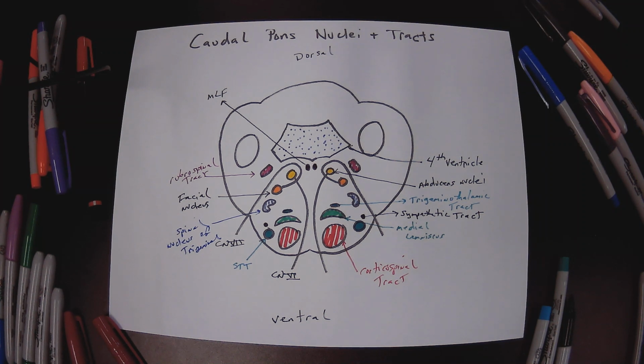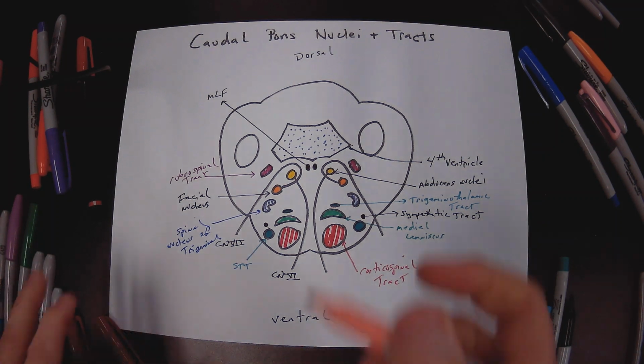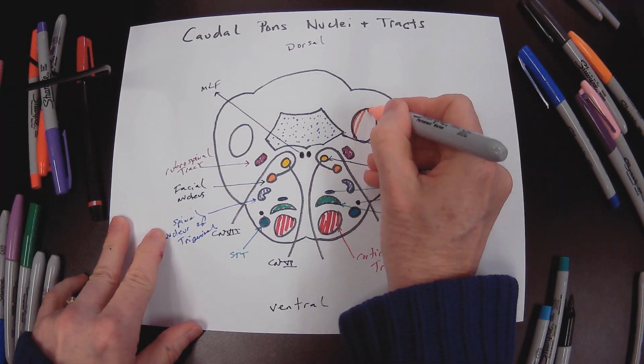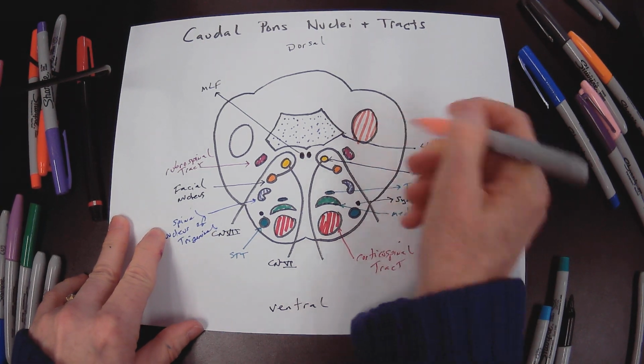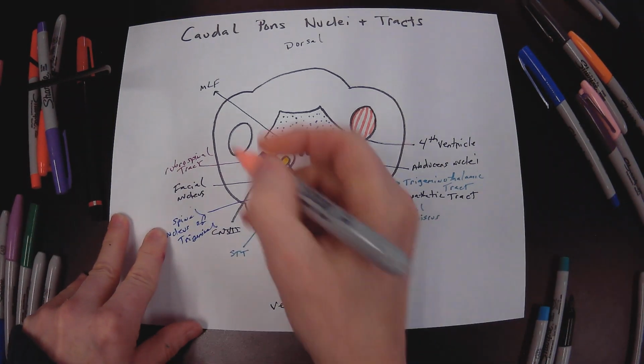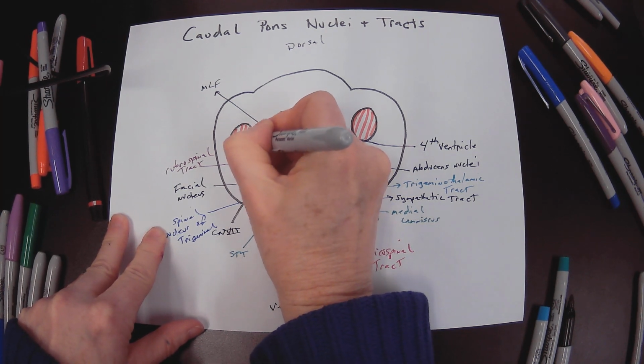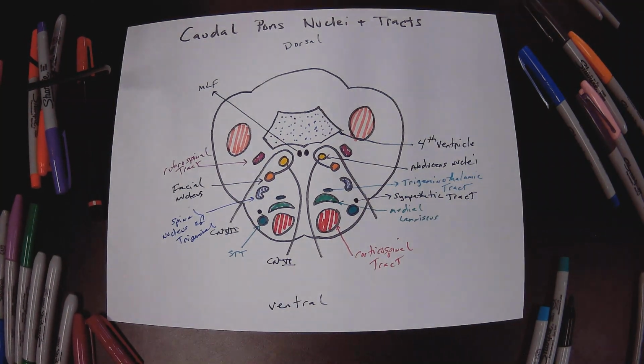And then, if you remember, there's going to be a lot of connectors in the pons that are connecting the brainstem to the cerebellum. That's what the rest of this is, and this structure right here, it's going up, and it resides at the top. It's going to be your superior cerebellar peduncle.